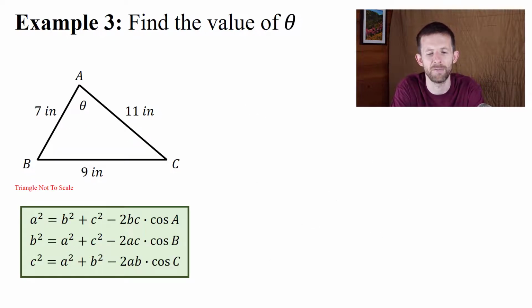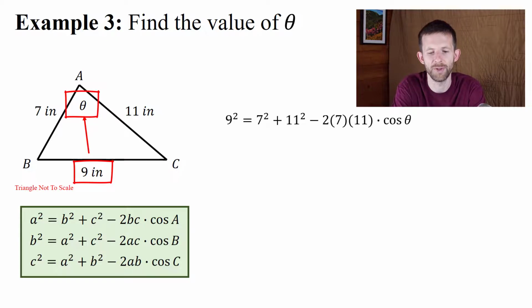Example 3, now I want to find the value of theta. Different triangle. I have all three sides and none of the angles. So I want to find the side that's opposite the angle that I want to find. In this case, that's 9. 9 is opposite the theta. So 9 squared is 7 squared plus 11 squared.